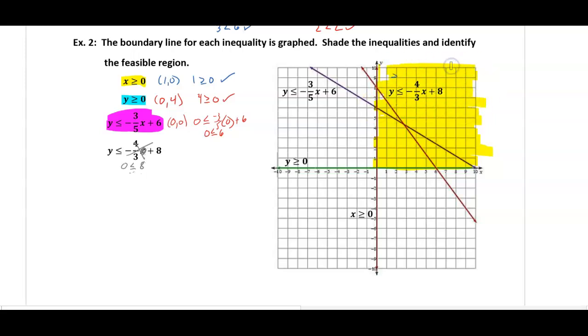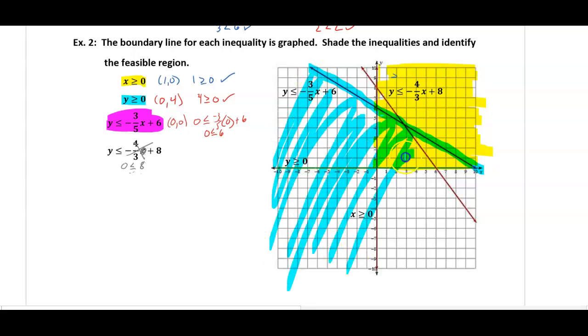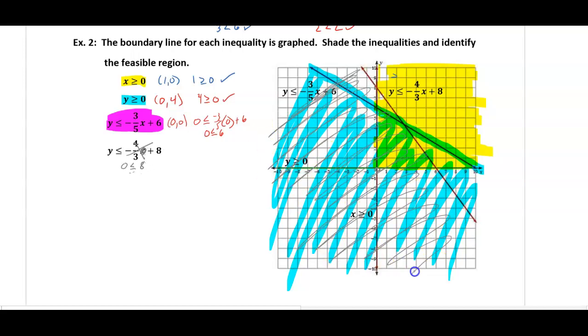But then, when we graph the shaded region for this line, we shaded all of this in. But now we have the shaded region for the other one, where we said (0, 0) is a solution. So we're going to shade all of this. Now the key is, where do you see the yellow and the blue?